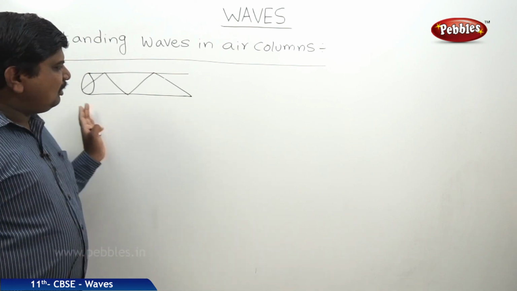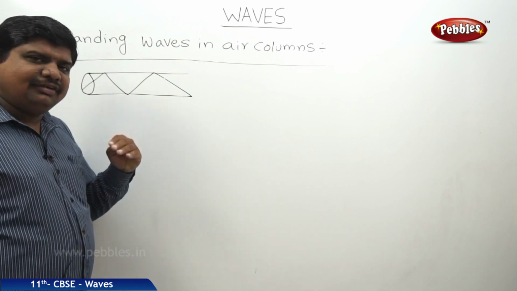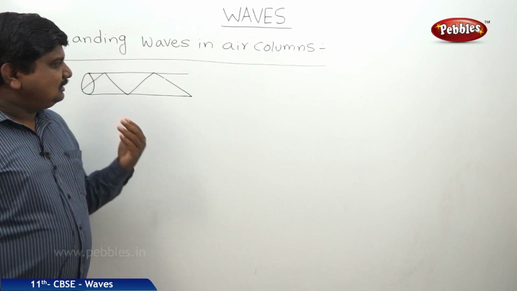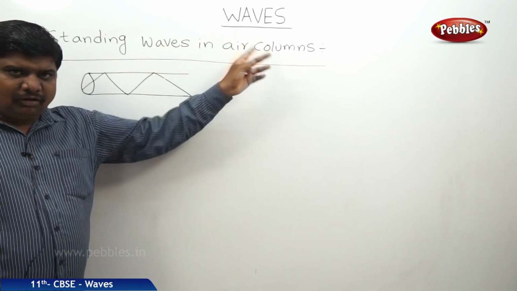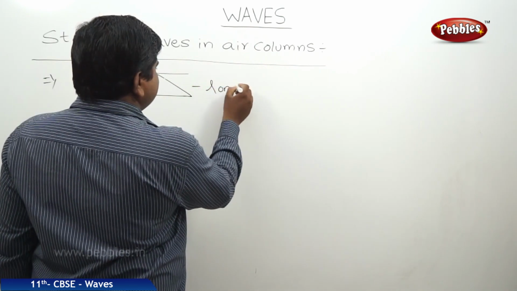So here all the frequencies are reflected back, and the incident wave and reflected wave will meet together and create the resonance pattern. That means this is nothing but the standing wave in air columns. When it is through solid materials, it is said to be longitudinal standing waves.